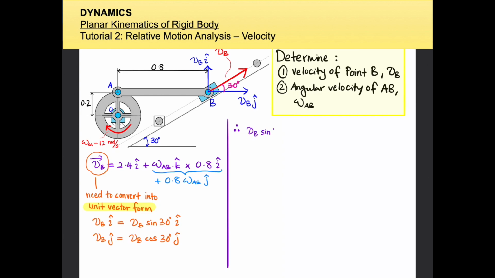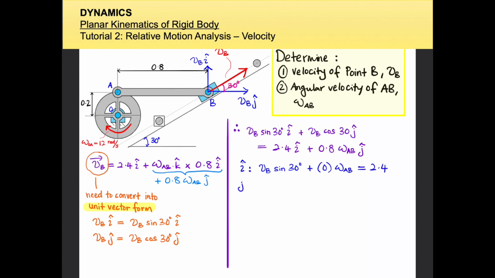Now substitute all the variables in unit vector form into the equation. You can rearrange those with variable on one side, those without variables on the other side, and separate them into I and J components.